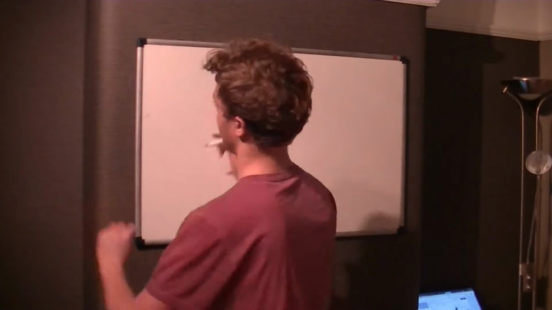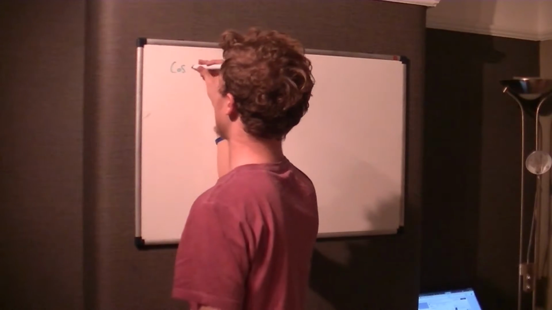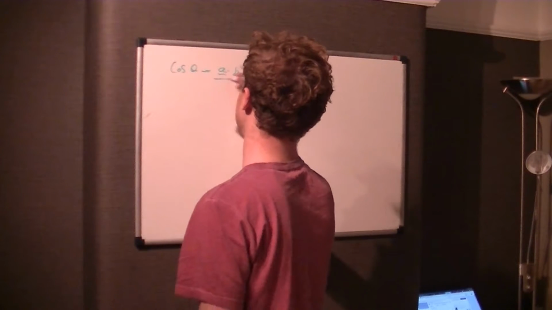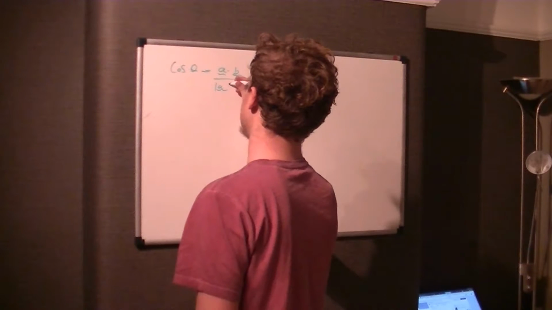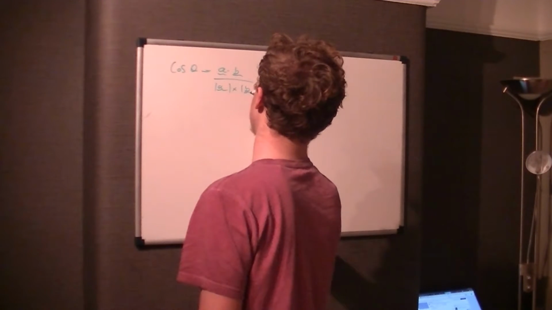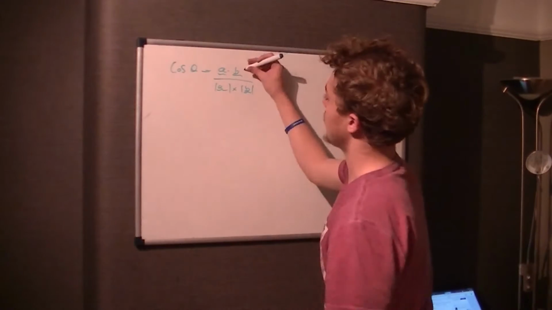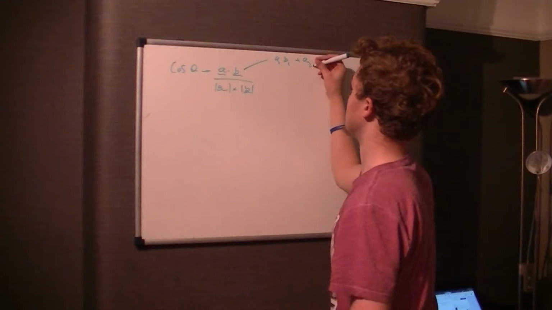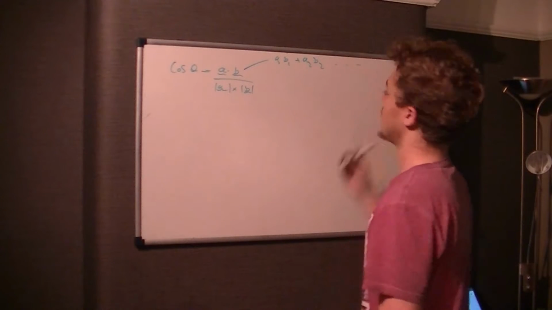Now, this is not vector lines, this is vectors. Different thing. We said cos theta equals a dot b, over the magnitude of a times the magnitude of b. And a dot b, where a dot b was a1 b1 plus a2 b2, etc., etc.